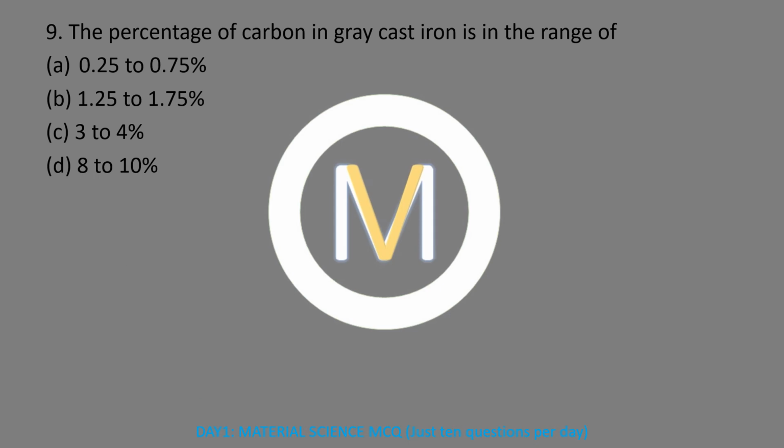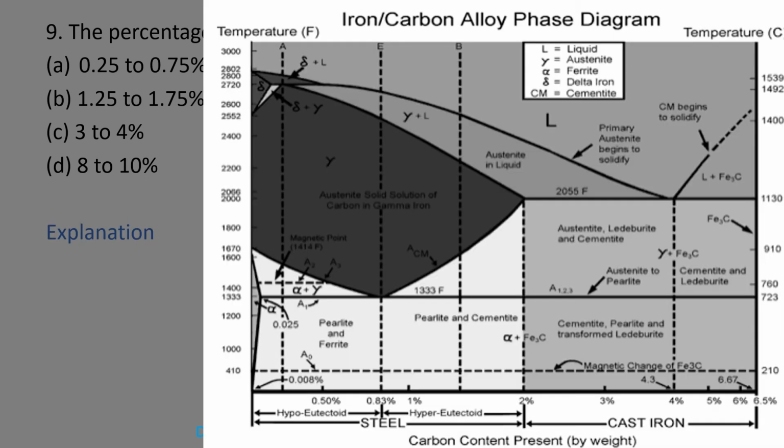Next is the percentage of carbon in the grey cast iron is in the range of 0.25 to 0.75, 1.25 to 1.75, 3 to 4%, 8 to 10%. For this, we need to see the iron carbon diagram. We can also see the hypereutectoid and hypoeutectoid. 0.83 was the percentage.